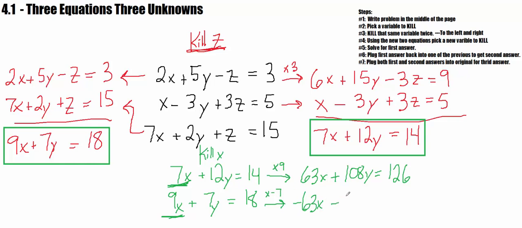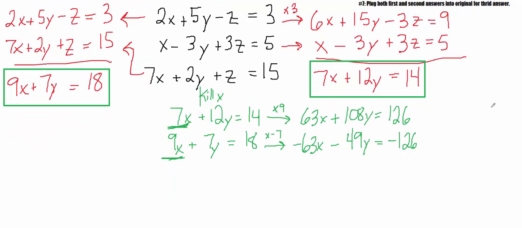And minus 49y equals 18 times negative 7, right? That's negative 126. Okay, so when I add these down, notice that the 63 x's cancel out. I'm left with 108y minus 49y. That's 59y equals, whoa, these cancel out. I get 0. And so when you divide by 59, we get y equals 0.